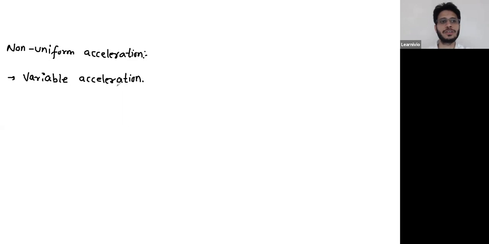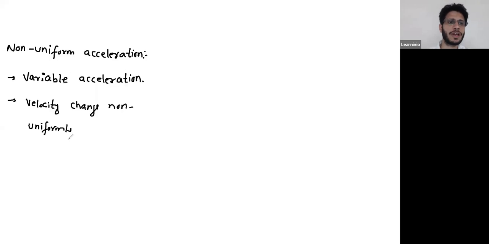If your acceleration is variable, then it is non-uniform. Velocity changed by unequal amounts. If your velocity is changing non-uniformly, then your acceleration is non-uniform.